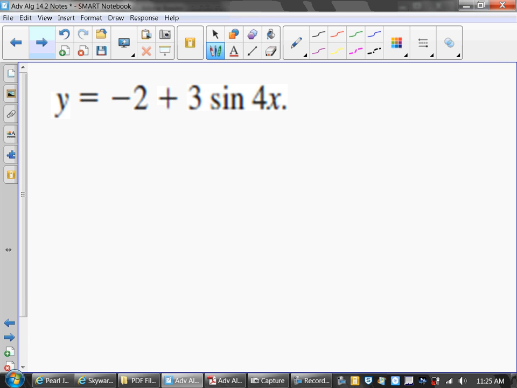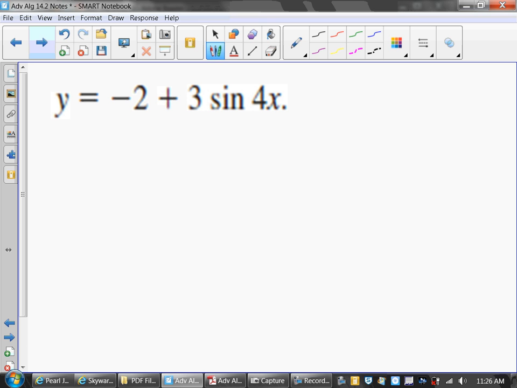One of the things you will find a lot of times is that your h value will always be in parentheses. In this instance, to get away from any confusion, since there's no h value and nothing in parentheses, they put the k out in front. That way you don't assume that there's an h value.